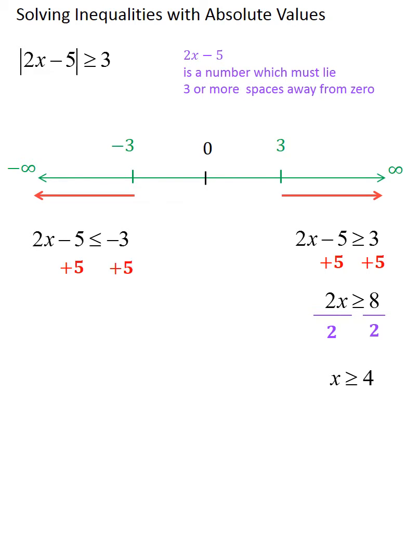And similarly, I could do the same algebra over here and isolate the x there. Now, in some courses or formats, you'd be essentially done. What we've discovered is that x must be less than or equal to 1 or greater than or equal to 4. I'm going to continue, though, because I prefer interval notation.